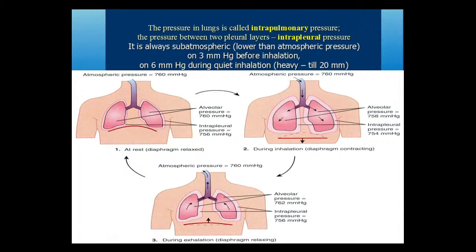These muscles can continue to contract, but breathing in this case cannot occur. We have such a situation, for example, during damage of the chest, so-called pneumothorax, and respiration in this case cannot be realized due to absence of difference between intrapleural and intrapulmonary pressure.